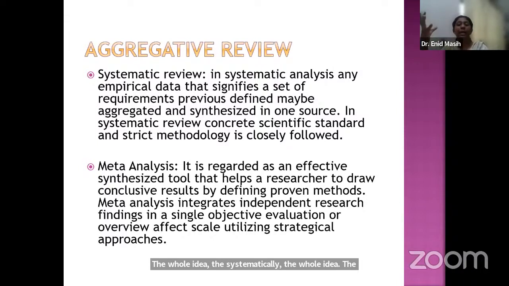The system can be in the area of how we are selecting a review. The system can be in the area of what the standard will be of the papers which we are going to include in our research, and a strict methodology.